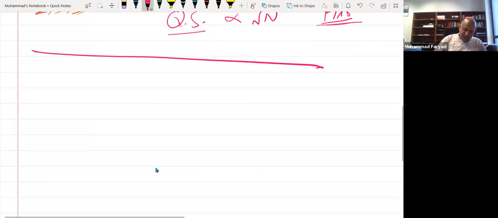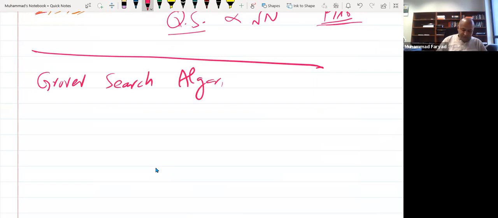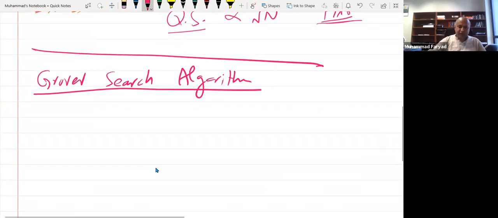All right, so let's get to this Grover search algorithm. The algorithm is simple, but analysis is a little bit involved. So it will take a little bit of time.